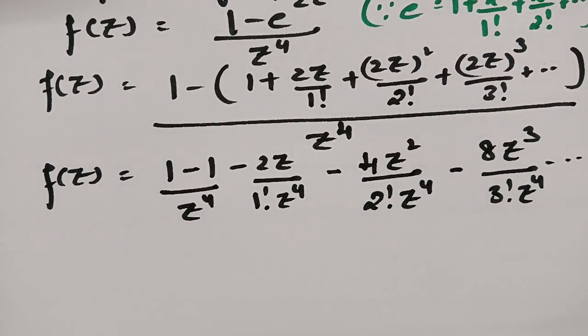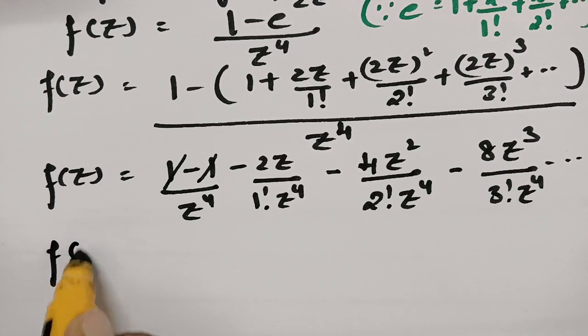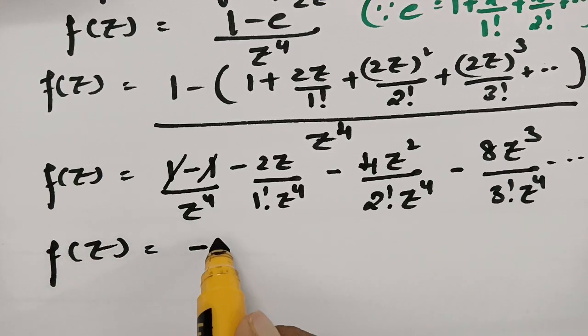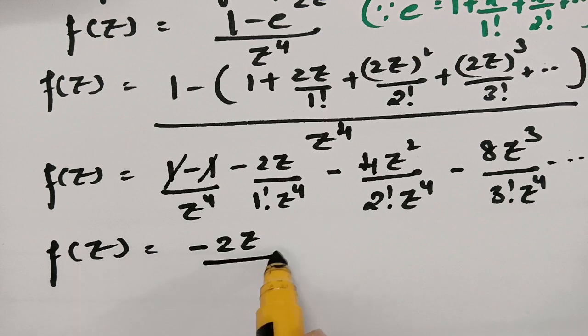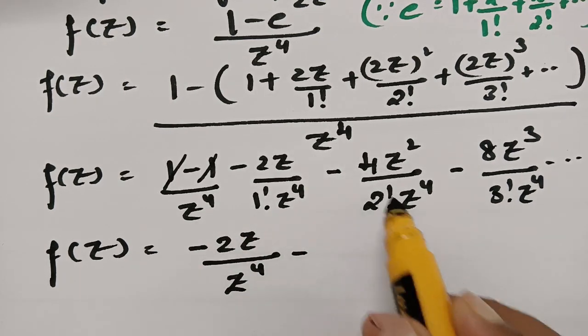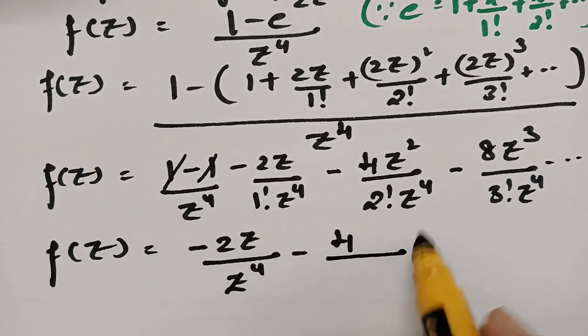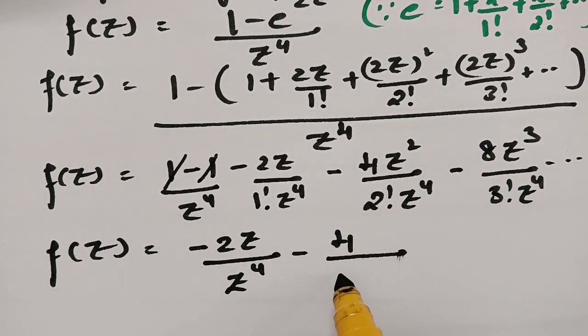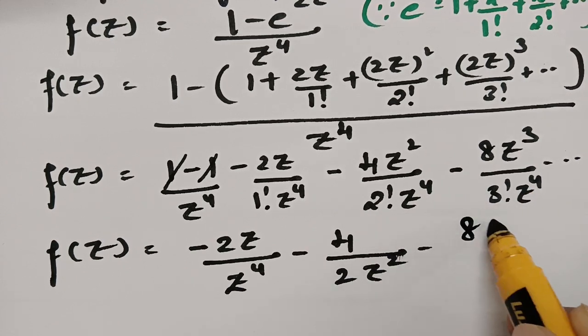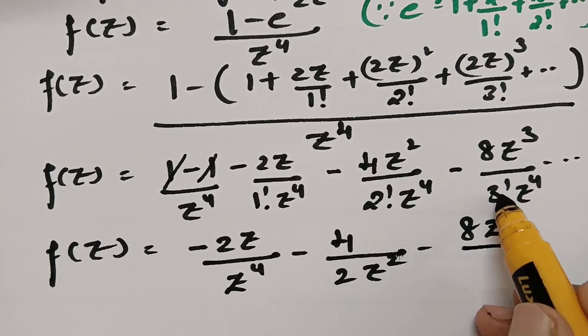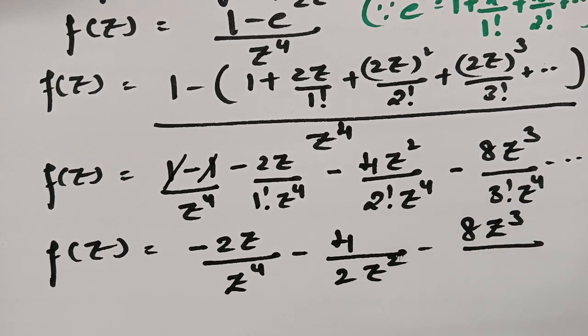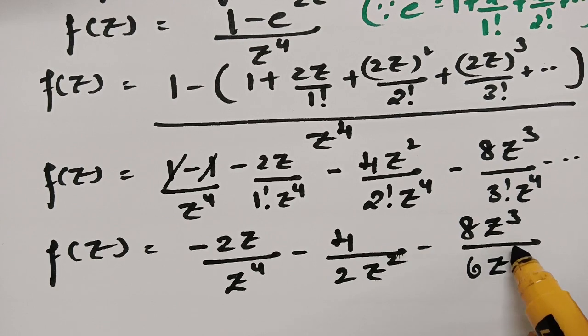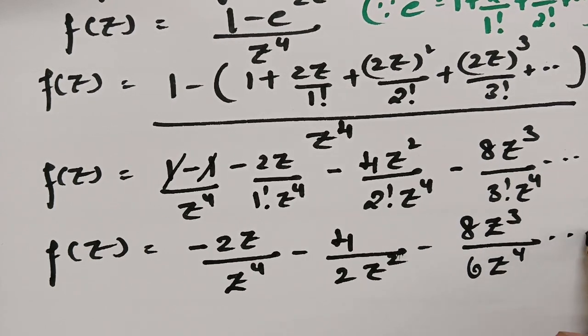Clear? After expanding, now I am cancelling these two terms. Then what remains? f of z is equal to minus 2z by 1 factorial, which is nothing but 1, into z power 4, plus 4 into z square by 2 into z power 4, minus 8 into z cube by 3 factorial, which is 1 into 2 into 3, that is 6, into z power 4, minus and so on.